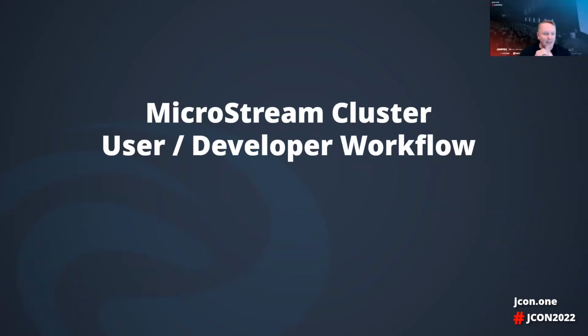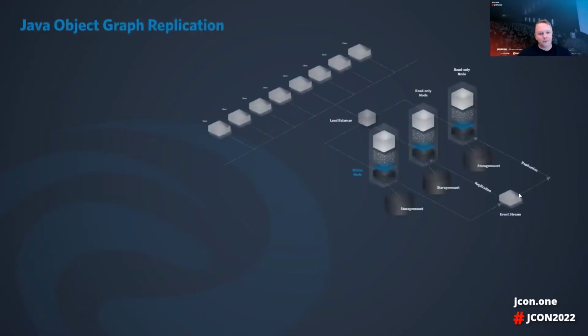Okay, so let's talk a little bit about the user or developer workflow and how you should use the cluster in the future. But before I jump into the code, let me just summarize the properties of our cluster. Basically, the cluster will be highly available.